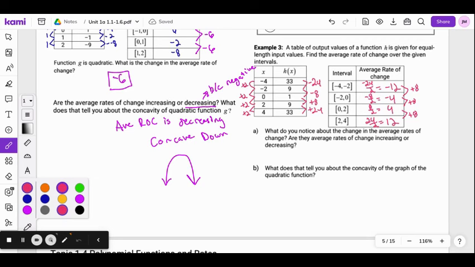Well, they are all increasing by 8. So our average rate of change is increasing or decreasing? I said they're all increasing by 8. What did I tell you about the concavity of the quadratic? So this is going to be concave up because we're positive. Up like a cup. All right, and that's going to wrap up this video.